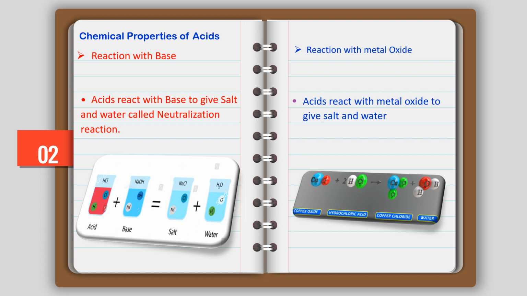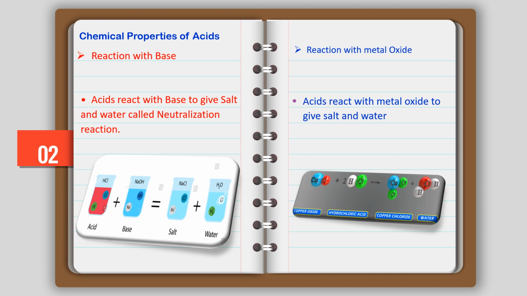To utilize that reaction, we consume a base, such as Eno, which contains sodium carbonate. We consume that to nullify the effect of the acid. That process is called neutralization.